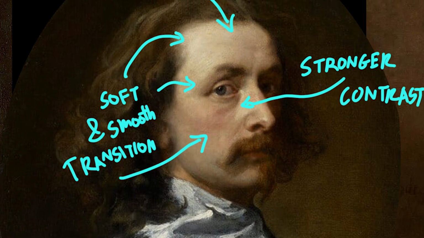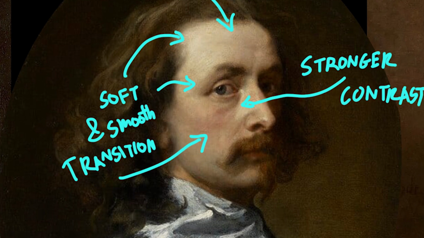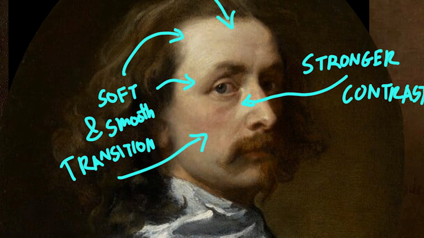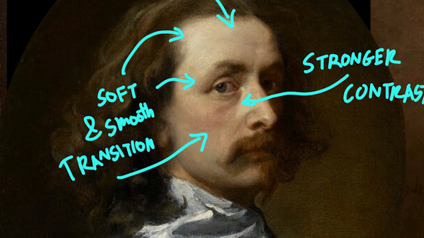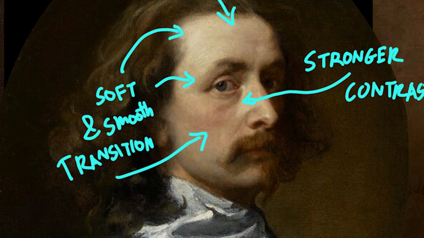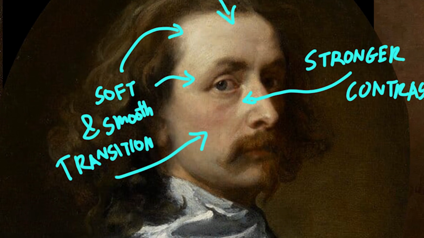We see a lot of softer transition on the cheek, which is a larger surface, so it makes sense to want a softer transition there, and also on the eyebrow where the bone of our skull is, around the eye socket area. The forehead also has that soft transition.